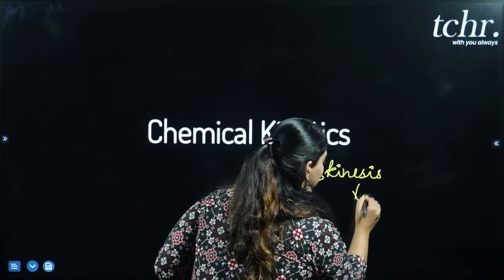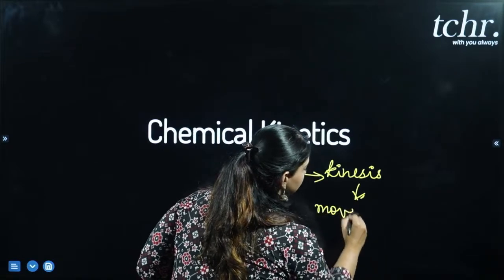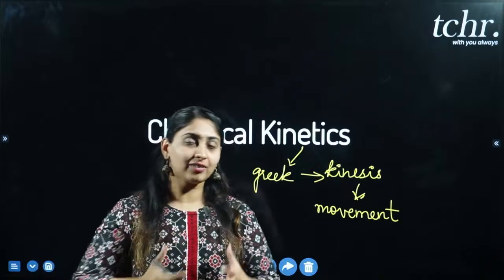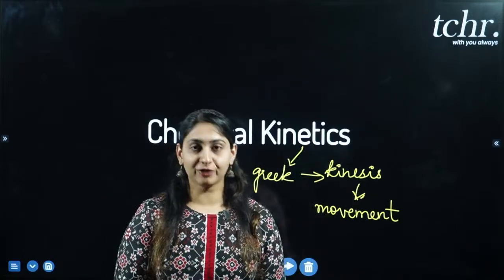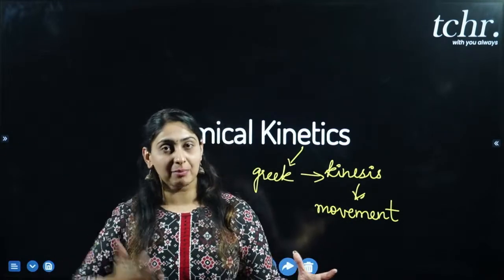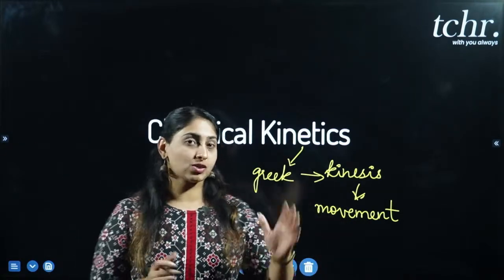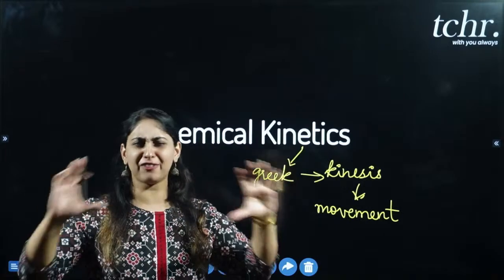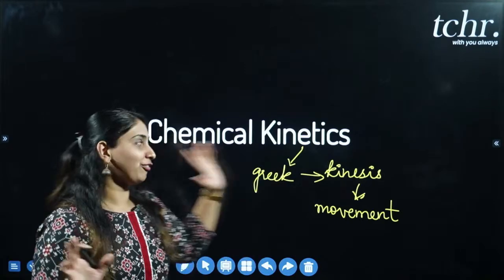Kinesis means movement, right? Movement or motion. So anything related to the movement of chemical particles or motion of chemical particles during a chemical reaction. So all of this is going to be addressed under the topic called chemical kinetics. So this is the brief and just a simple meaning of chemical kinetics.